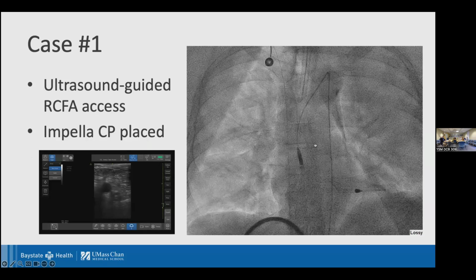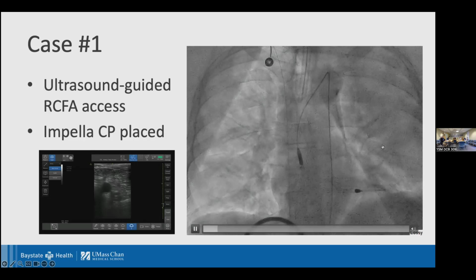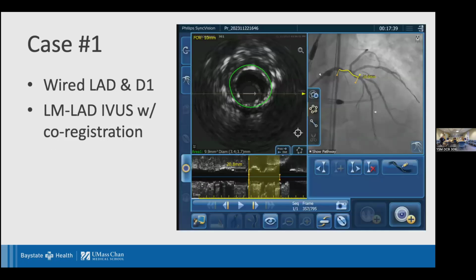You obtain ultrasound-guided right common femoral artery access. Here is a picture of the ultrasound that was used for guidance, and you place an Impella CP. The LAD and first diagonal branch are wired.